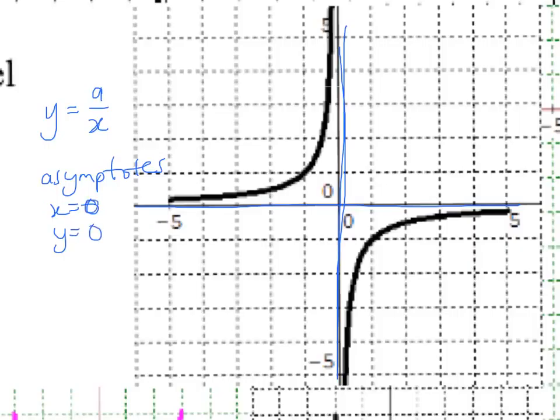And to come up with the formula from our asymptotes, we have -1 times +1. So there's our +1 and -1. -1 times +1 is -1. So y equals a, -1, over our x. That's that formula.